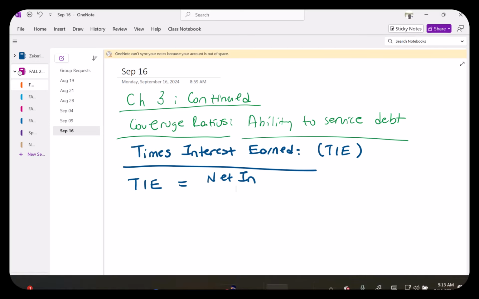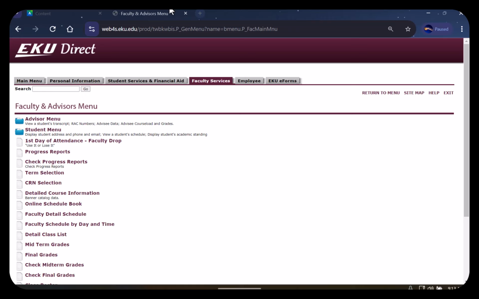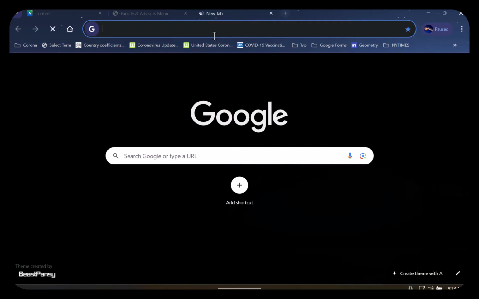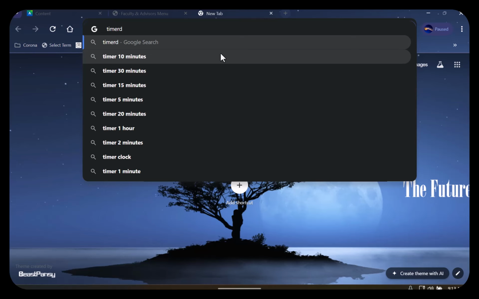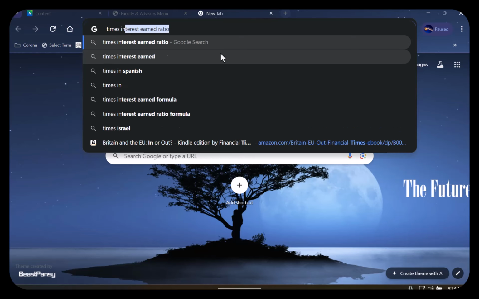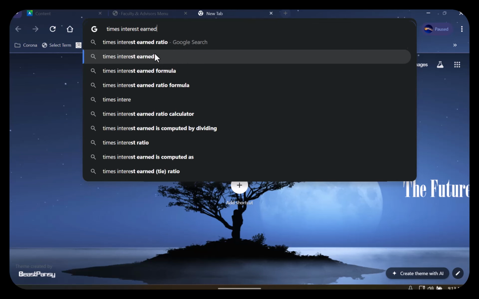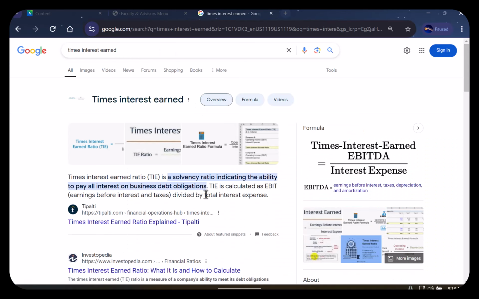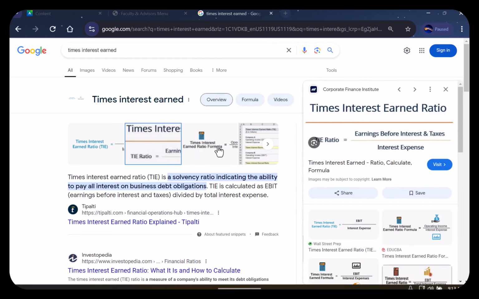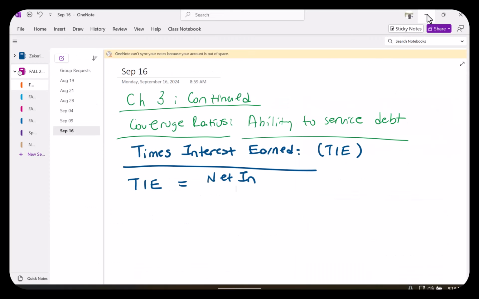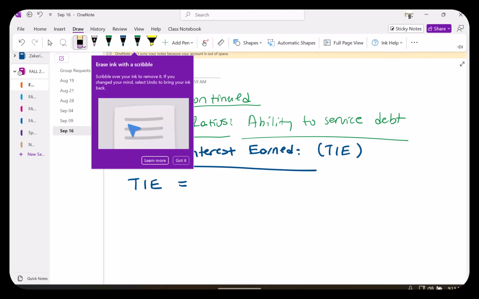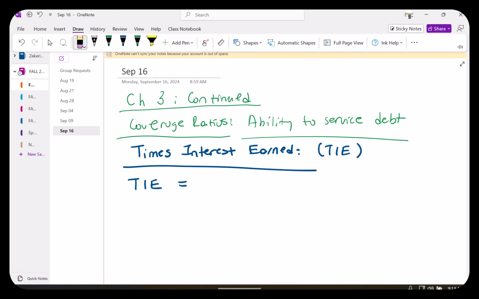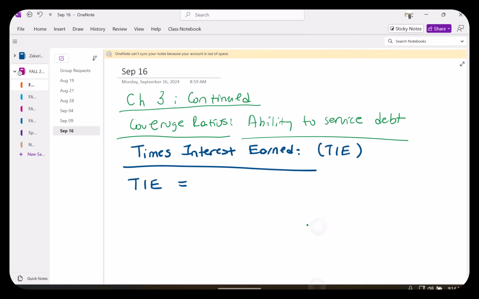I don't even remember the definition, but hey, you can always look it up. It's so-called EBIT.